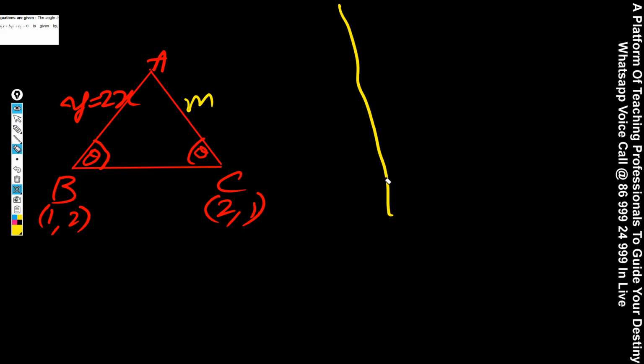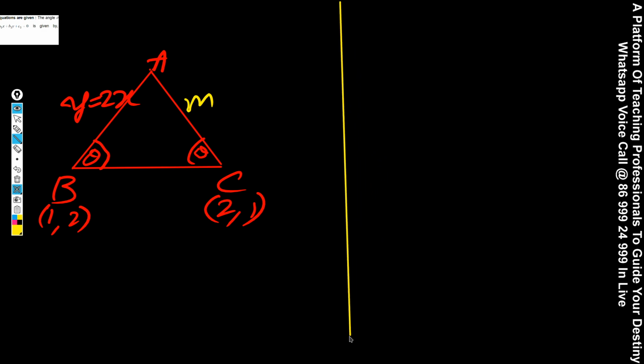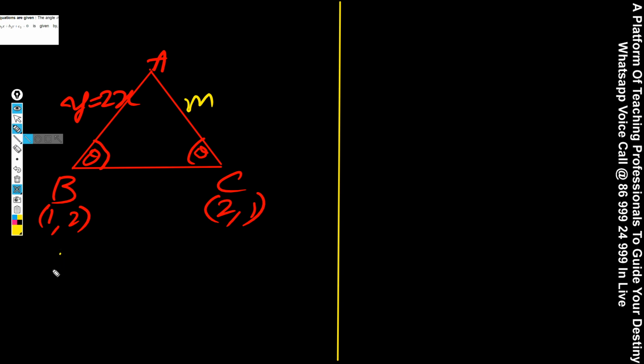Then, because it is an isosceles triangle, the angles that are opposite to equal sides are always equal. Angle opposite to AB is C, angle opposite to AC is B, both are equal. Angle B is equal to angle C. So I'm writing tan theta now.